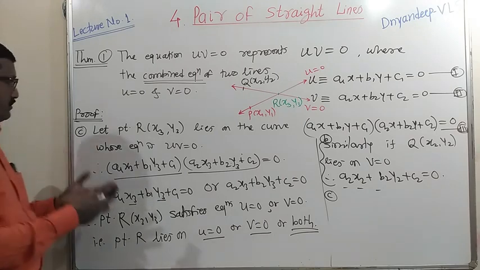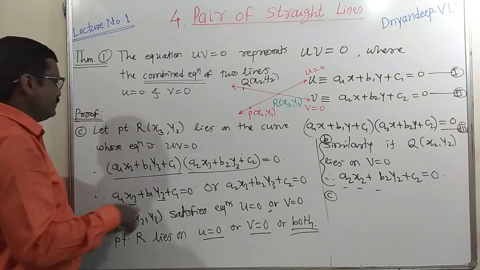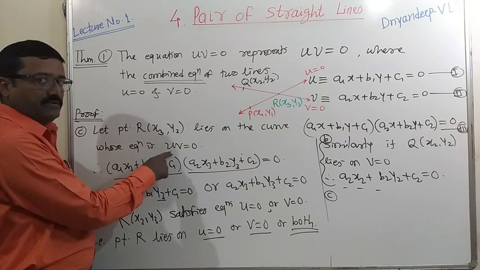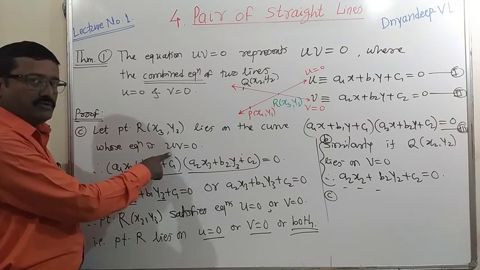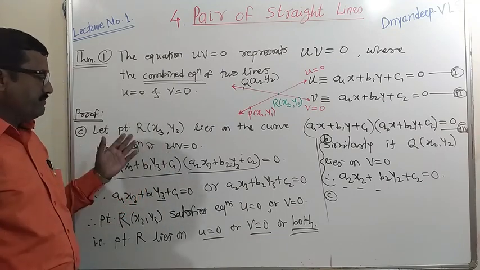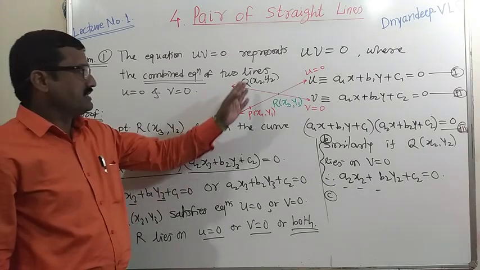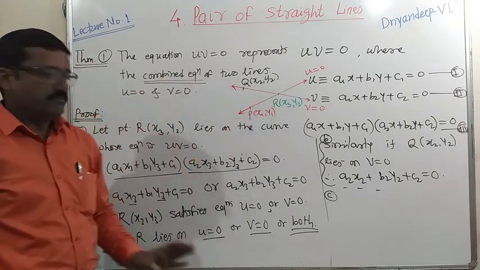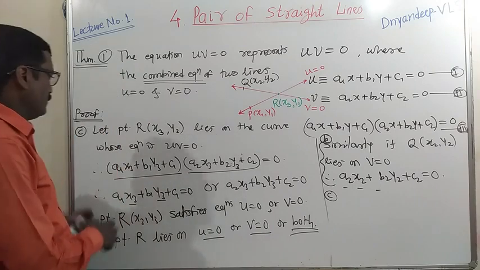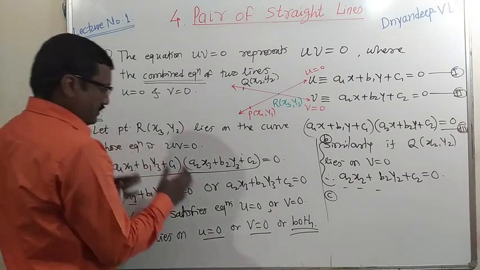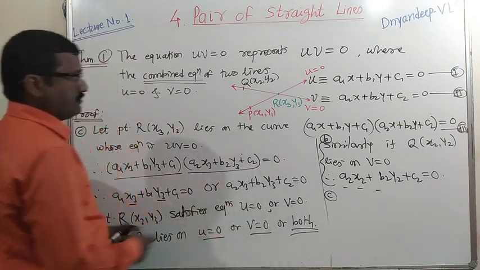So the third point we are taking, which is on the curve whose equation is uv = 0, may be on the first line, maybe on the second line, or maybe on both the lines. So this third point satisfies the equations of both the lines.